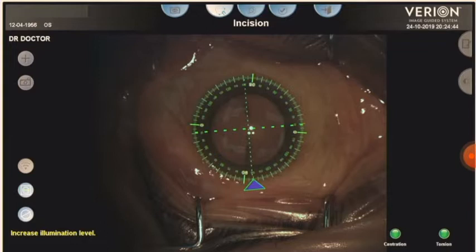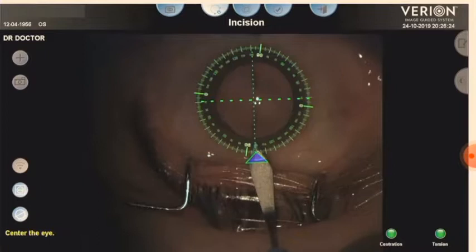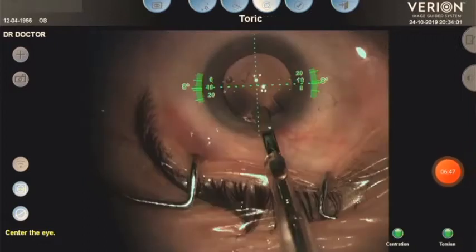Because I've already calculated that power, I want to make sure that I'm at 81 degrees and not 79 degrees. Here I'm incising spot on where I need to be. It then tells me how big my rhexis should be, and as you can see, my rhexis is exactly what they've asked me to make, about 5.1 millimeter diameter.